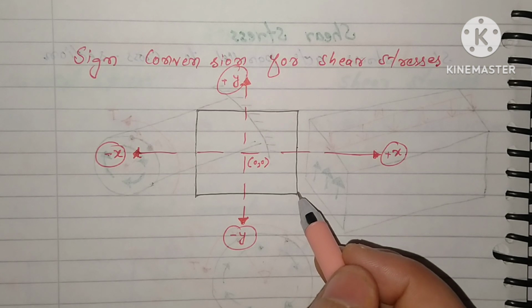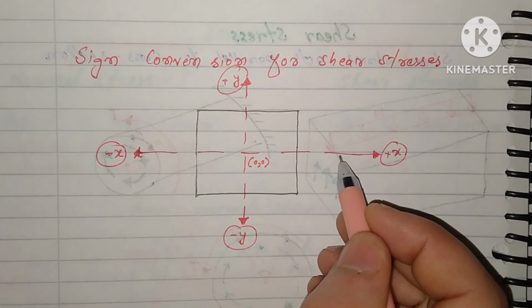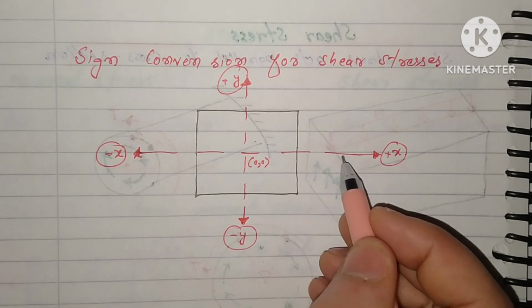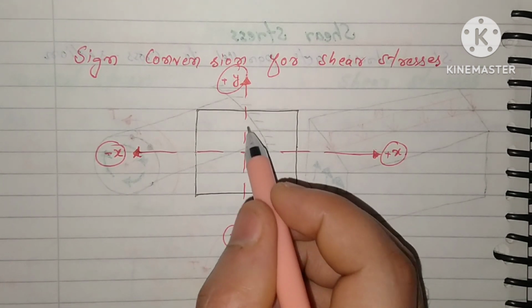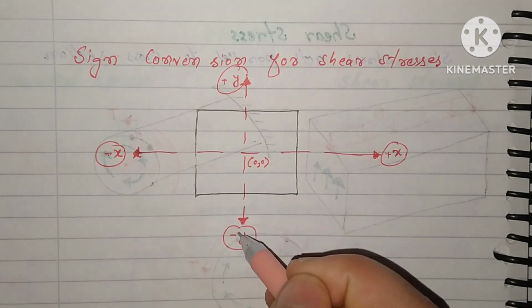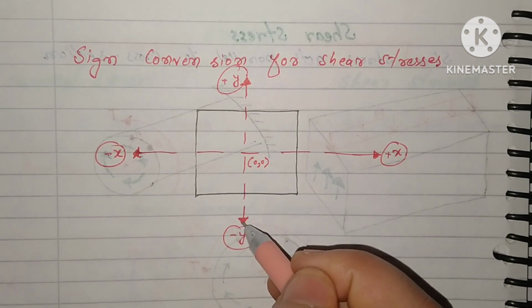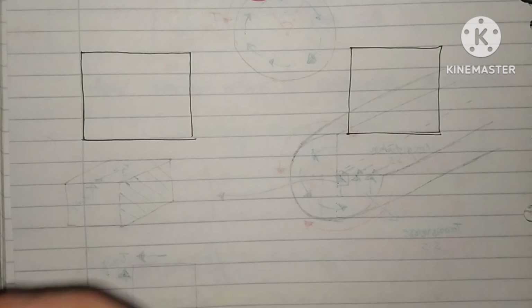The second concept is that shear stress acting toward the positive direction is positive, and shear stress acting toward the negative direction is negative. Here there are two possibilities.